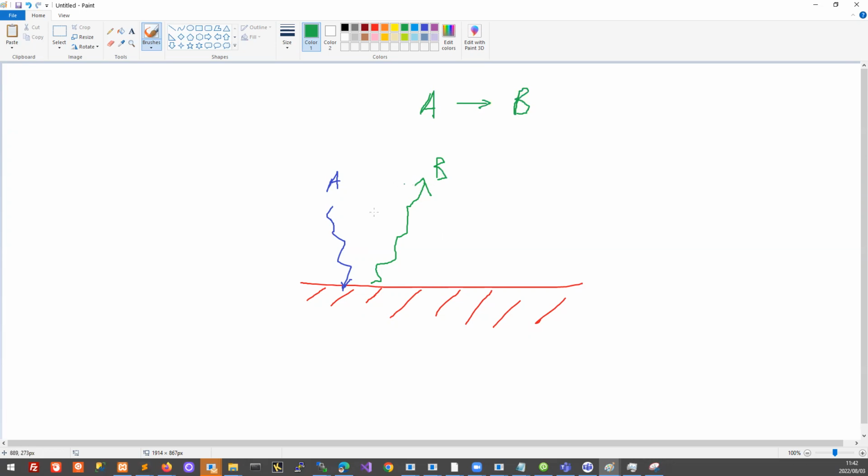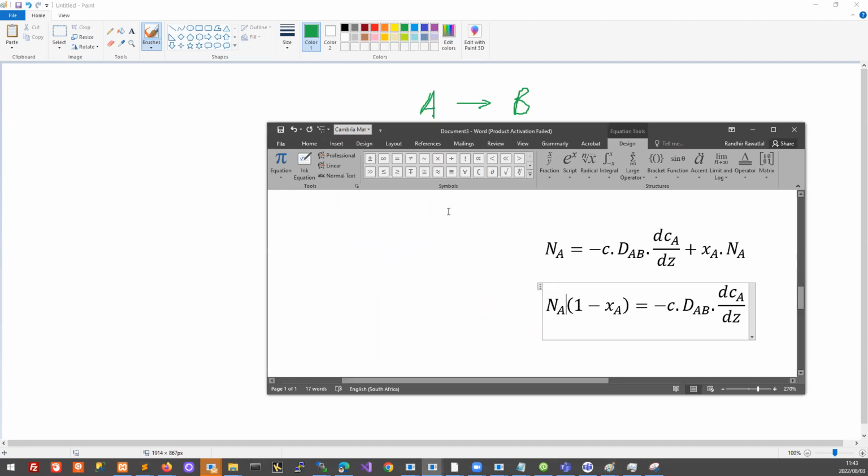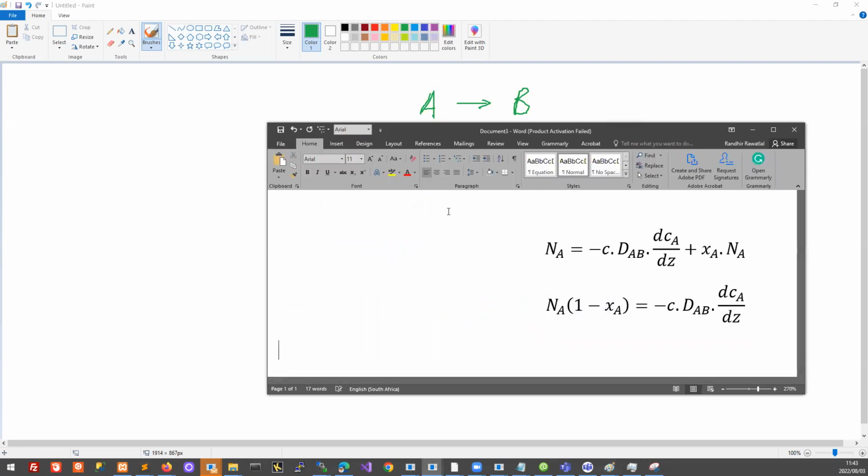Then would you agree that the molar flux of A towards the surface is equal to minus the molar flux of B also towards the surface. I was careful there. I said B towards the surface because it's going away. So it's minus that, right? So in this case, we have what we call equimolar counter diffusion.